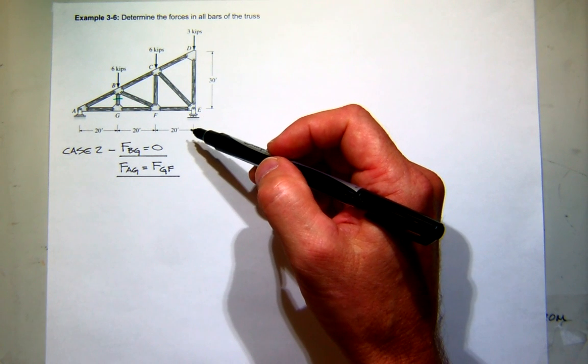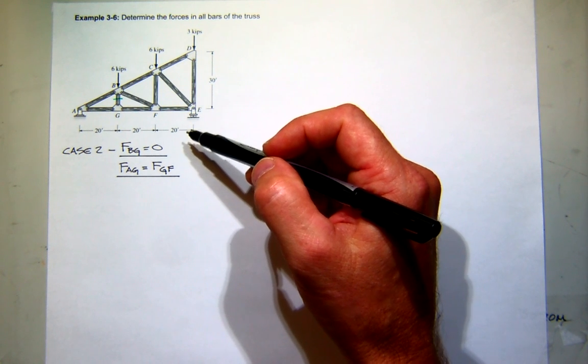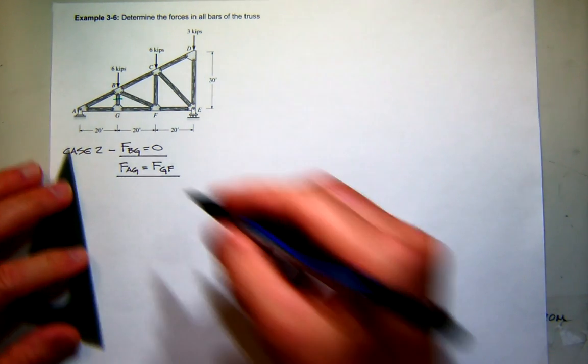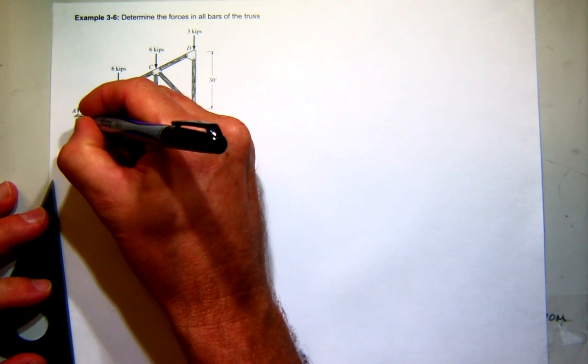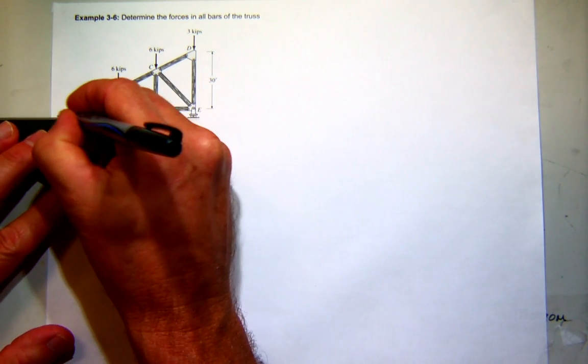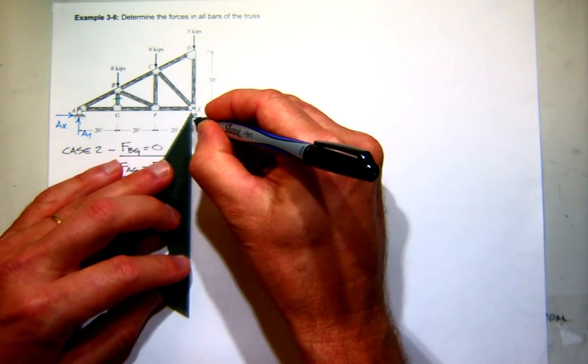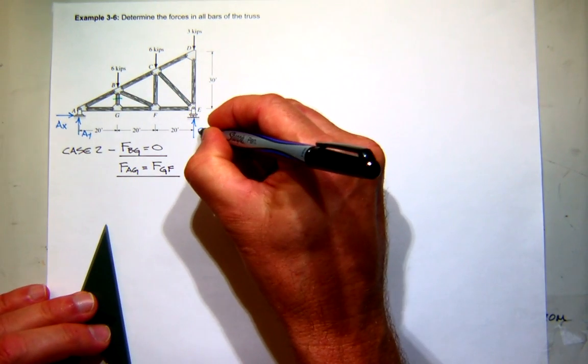So how should we start? What's the first step? Reactions. Yeah, let's get the reactions. I think that's a good place to start. So A is a pin. So I'll assume that I have AY acting up, AX to the right, and then a reaction at E also acting up.